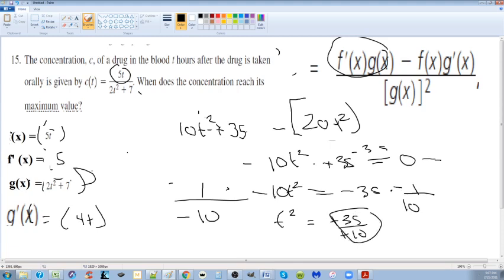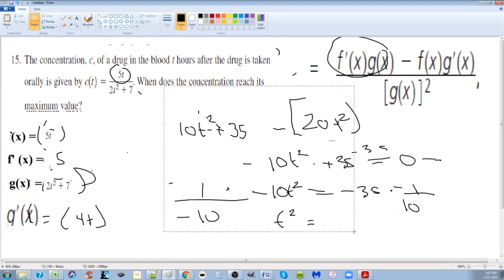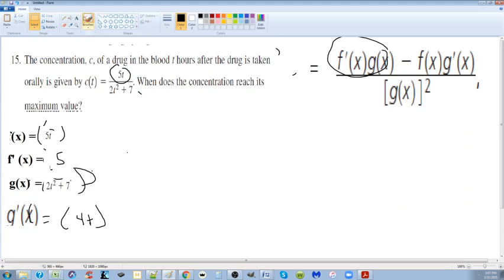And what's 35 divided by 10? It's 3.5. And that means t squared, and I'm only concerned about the positive, is equal to 3.5, which means t is equal to the square root of 3.5, which is roughly 1.8.